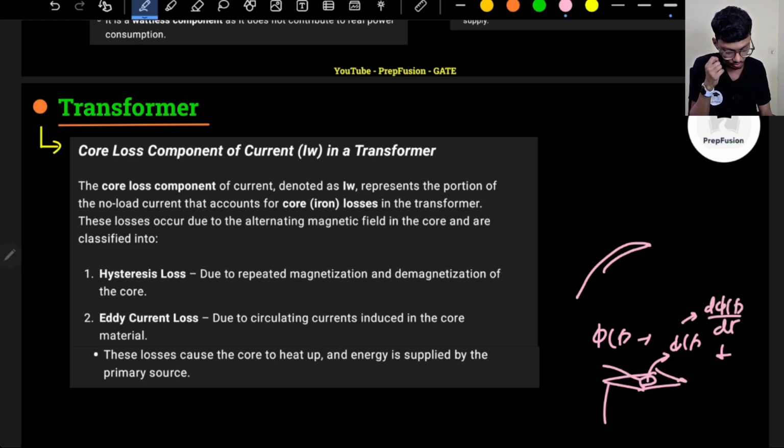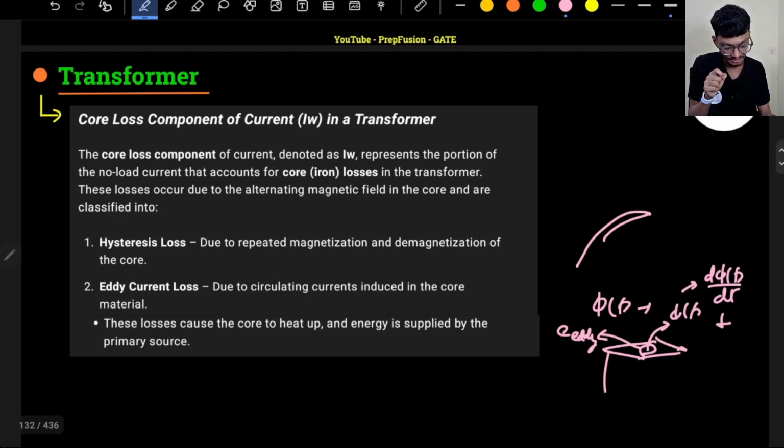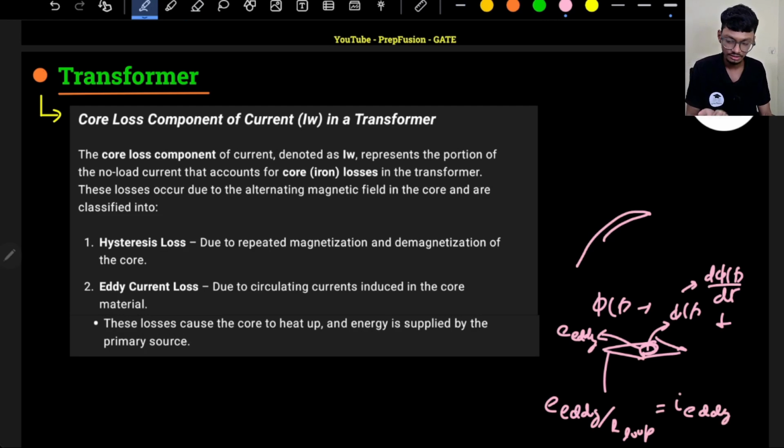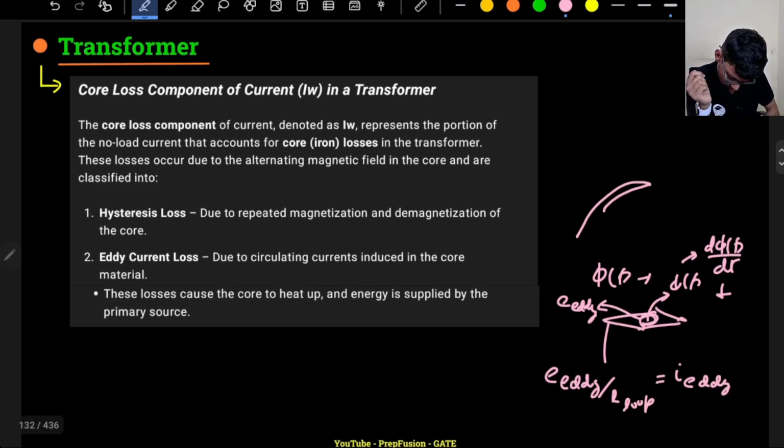So in this loop itself, a voltage will be induced, that is known as the eddy voltage. Due to this eddy voltage divided by the loop resistance, E eddy divided by R loop, a current will flow. That current will cause some loss. So this eddy current will cause some loss.